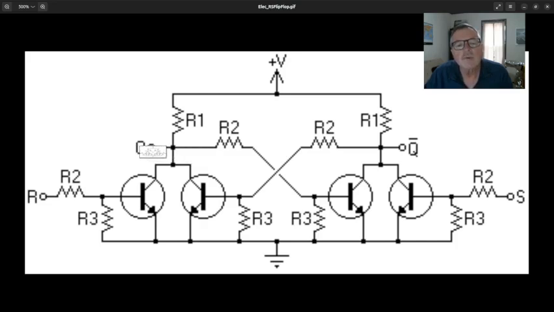Let's say this one is a slow boat, so it's still low after I apply the voltage. Well, this one gets to the 1 value before this one does, so this 1 turns this transistor on and keeps this thing low. Whereas if this thing is low here, then it keeps this transistor off and keeps this one on.